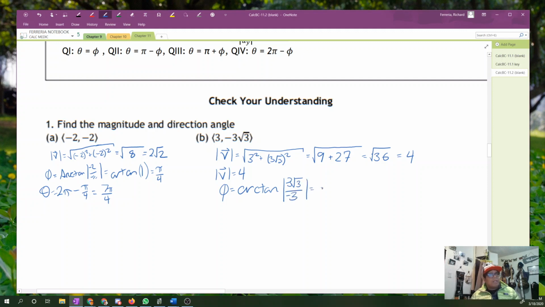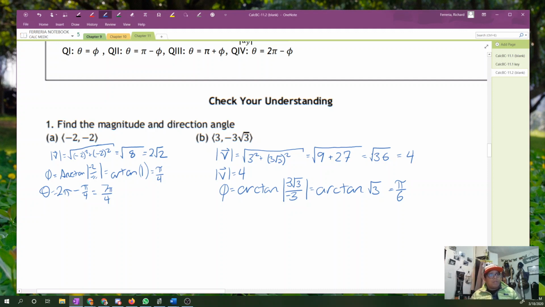That simplifies into the arctangent of square root of 3. Okay, so let's think about this. When is the arctangent square root of 3? Well, that happens when cosine is square root of 3 over 2. Cosine is square root of 3 over 2 at pi over 6. Okay, so there's our reference angle, pi over 6.